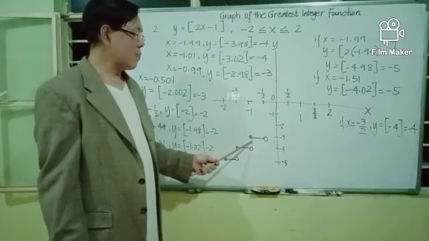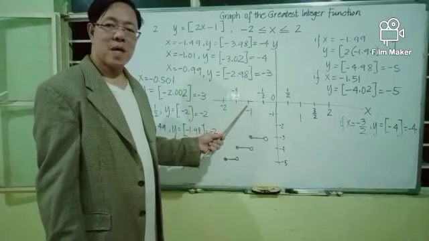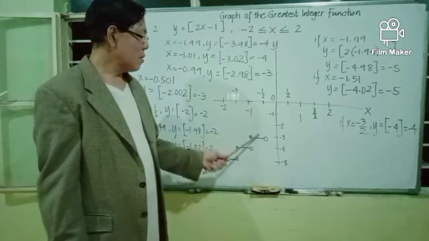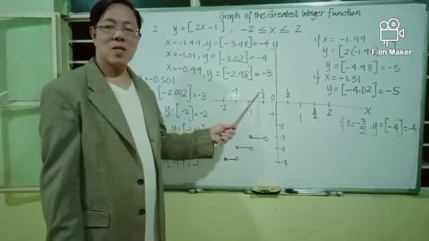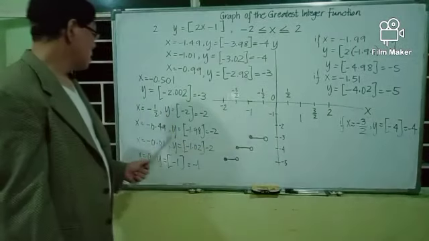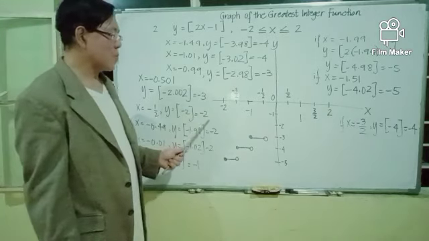This part of the graph means that for any value of x in the interval from negative 1 to negative 1 half, excluding negative 1 half, the value of y is always negative 3. But when x equals negative 1 half, the value of y is not negative 3. If x equals negative 1 half, the value of y is negative 2.